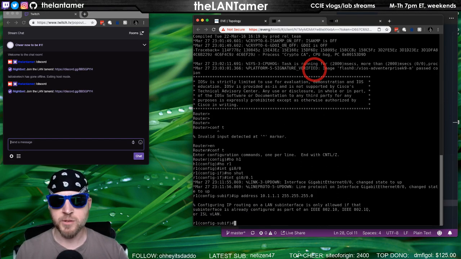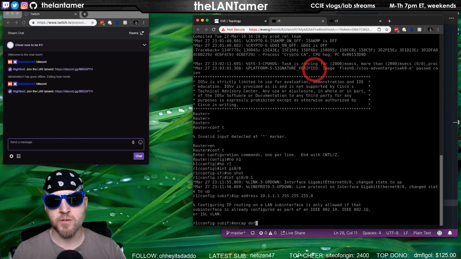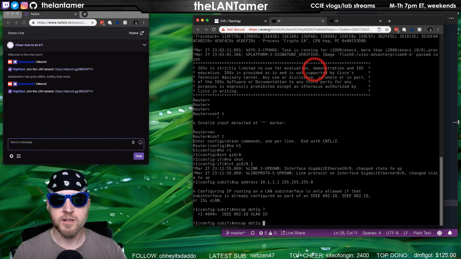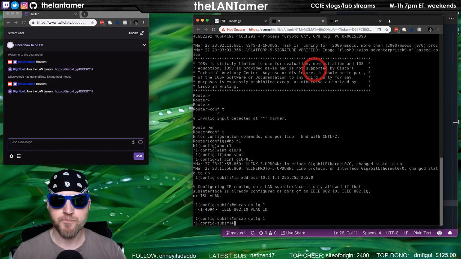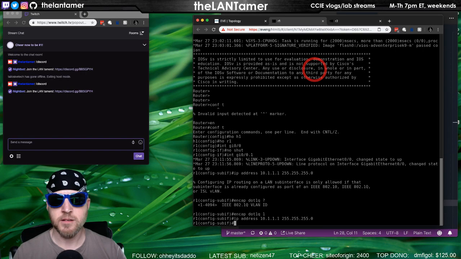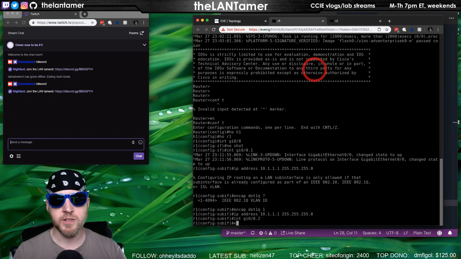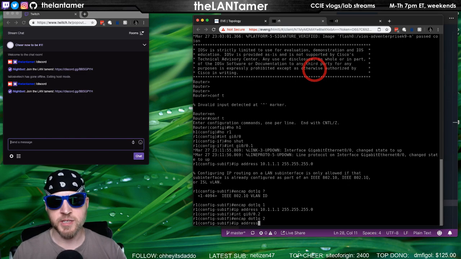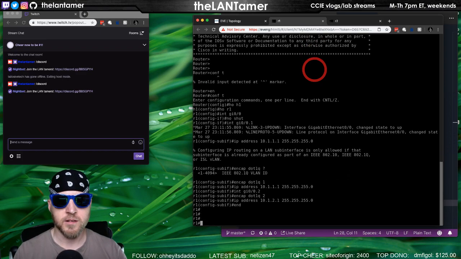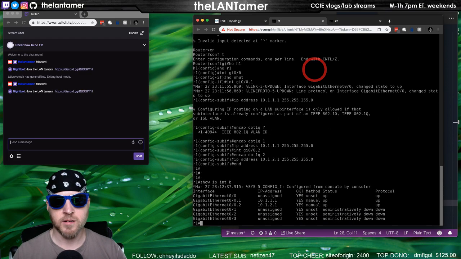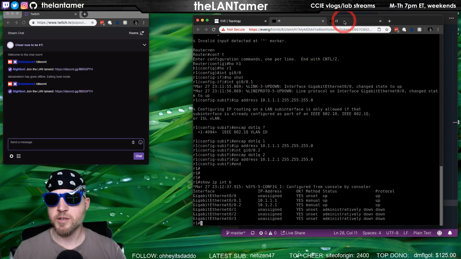Oh yeah, we have to do encapsulation dot1q 1 here. And the interface Gi 0/0.2, encapsulation dot1q 2, IP address 10.1.2.1. There we go. Now let's go to router 2.